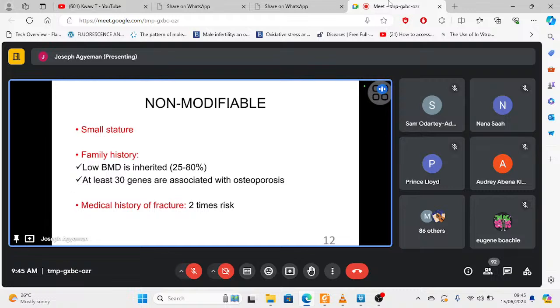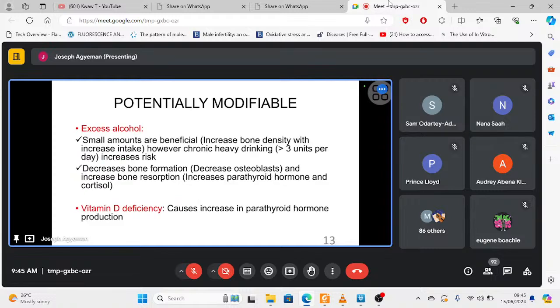So all of these are non-modifiable: your age, your sex, your ethnicity, small stature, family history, and your medical history of suffering from any form of fracture. These cannot be modified.